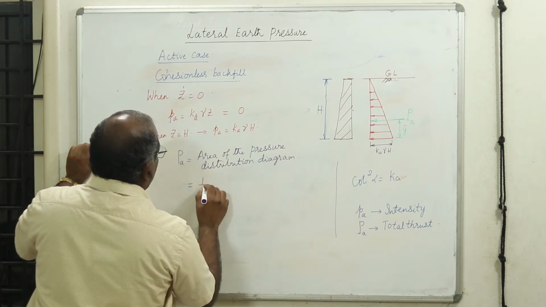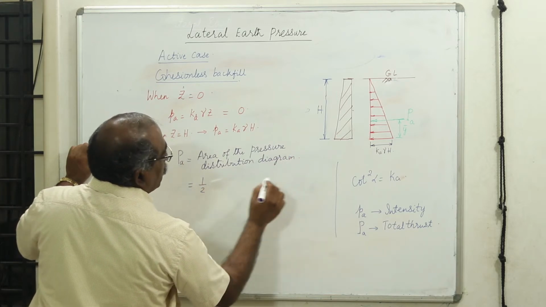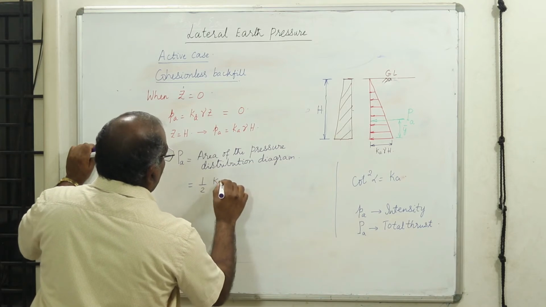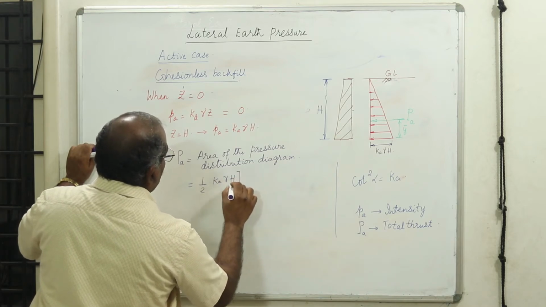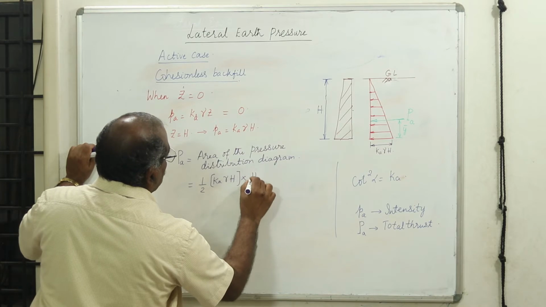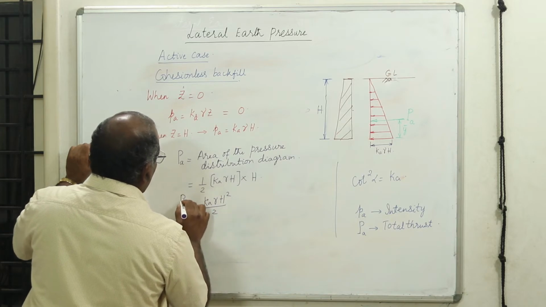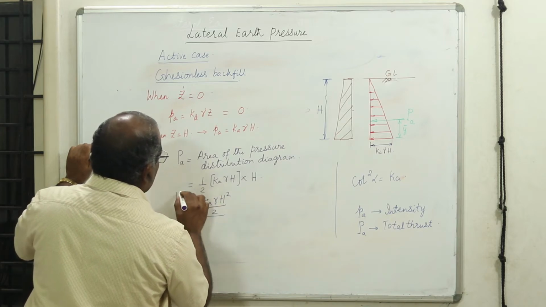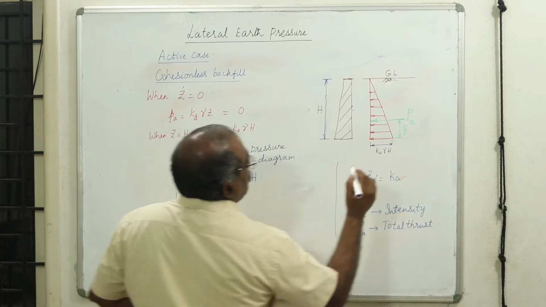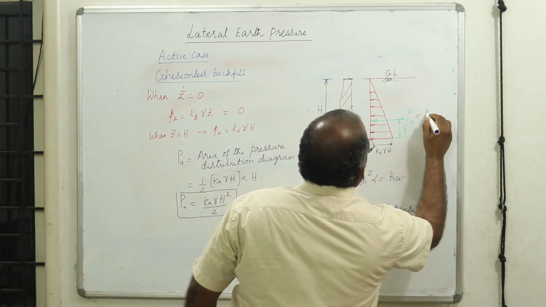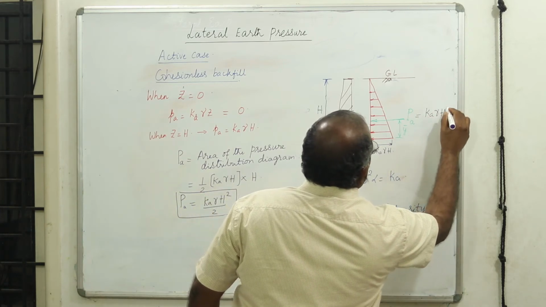Therefore it is equal to half into base. Base is Ka gamma h into the height h. Therefore this becomes Ka gamma h square divided by 2. This is the total thrust. This total thrust is equal to Ka gamma h square by 2.